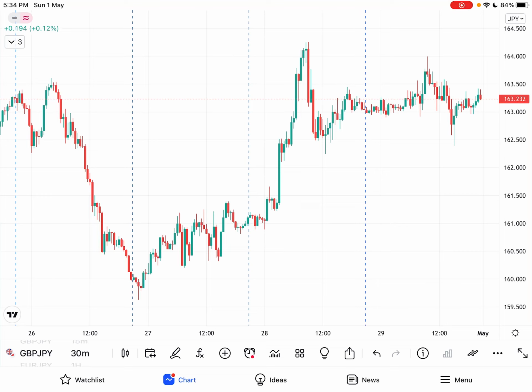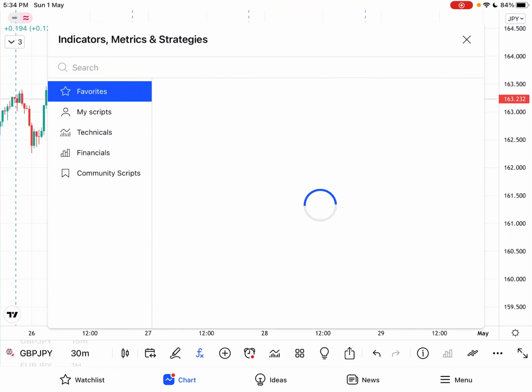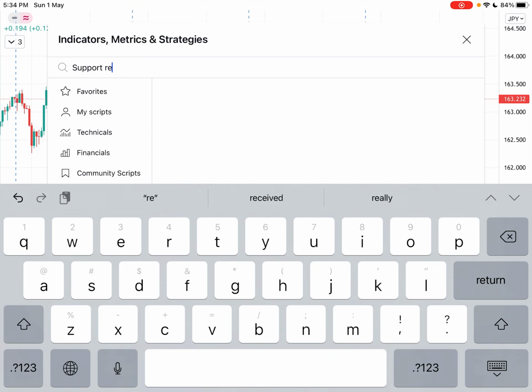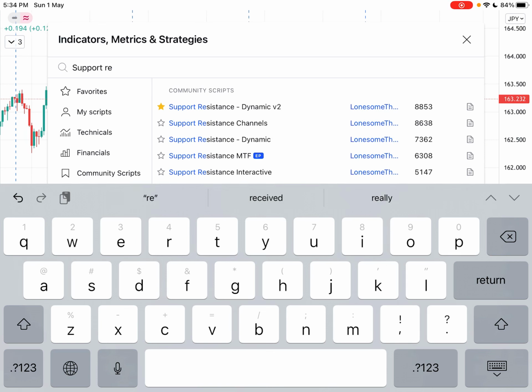So I'm going to use the Support Resistance Dynamic V2 by Lonesome D. When it comes to indicators, metrics, strategies, I search for support resistance. The first one that has been starred has about 8,853 favorites, added to their chart. So we'll select that.